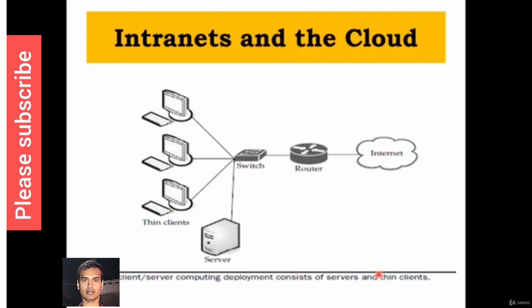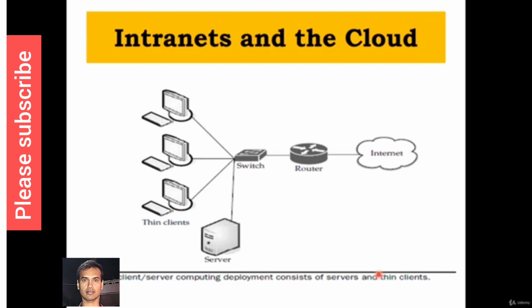By setting up thin clients to run the applications and services on the local server rather than on their desktops, you ease the cost of deployment and maintenance, as well as reducing the power cost. There are two main components in client-server computing.